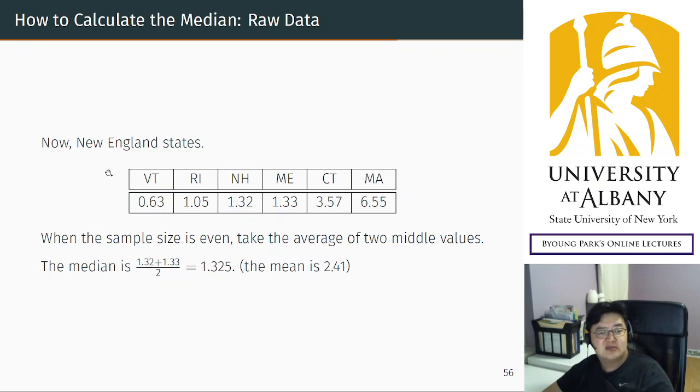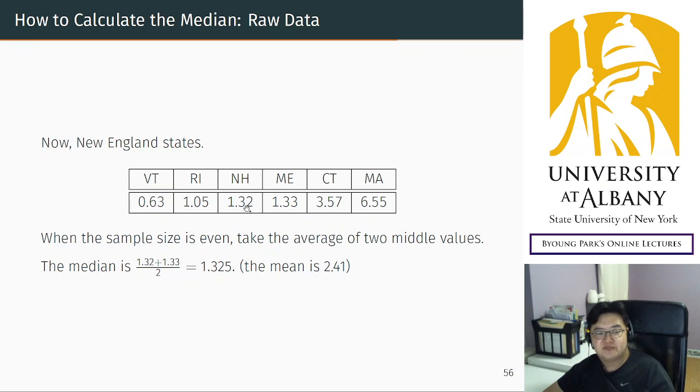There are 6 states, and I already ordered them in ascending order. In this case, the middle is the point between the third and fourth one. So to choose the point, we simply take the average of these two, the middle value between these two, right?